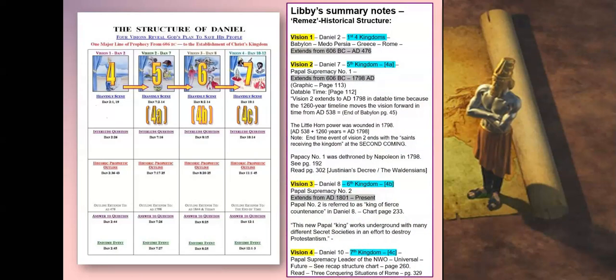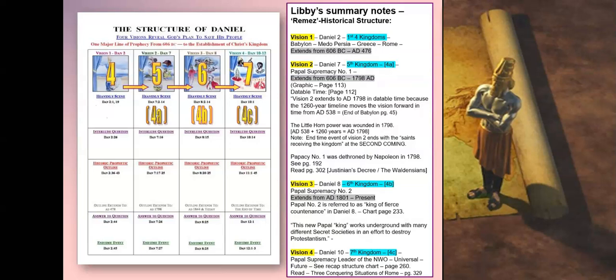But I did want to give a brief overview of what these kingdoms were. So I made just a little chart. This was not part of the original PowerPoint. This is my little cheat sheet. We're looking at the remez, the historical structure.